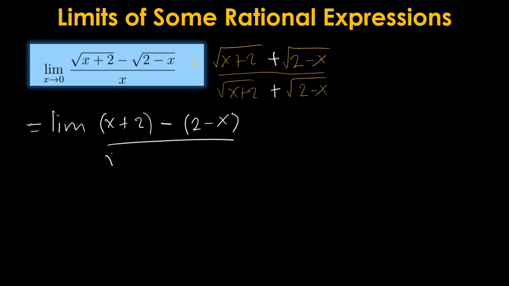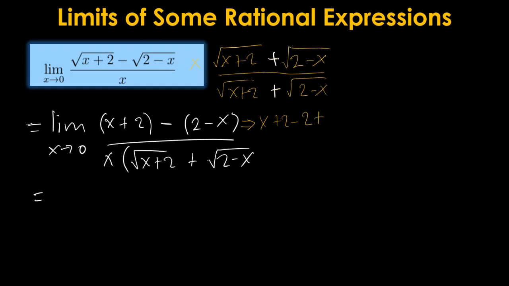Our denominator is now x. Let's copy that conjugate factor there. And then this one becomes x plus 2, then minus 2 plus x. So our 2 will cancel out. We have 2x.